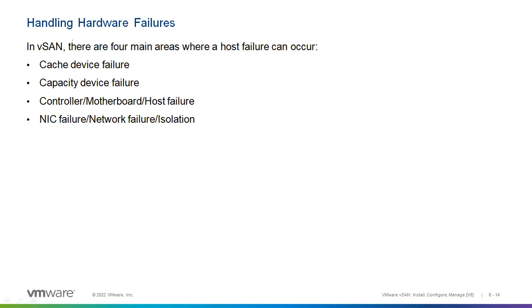So this is hardware failure. One of these conditions is factored as a hardware failure. My cache drive is a failure, so I can't say that is absent, that is a degraded state. Capacity device, one of the capacity devices failure, is a degraded state.